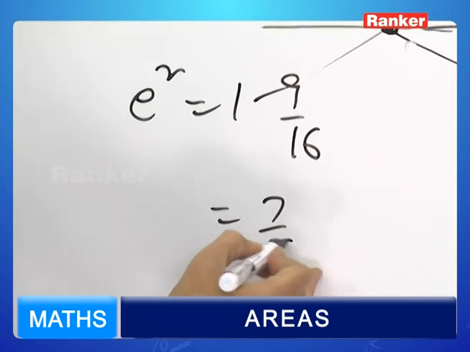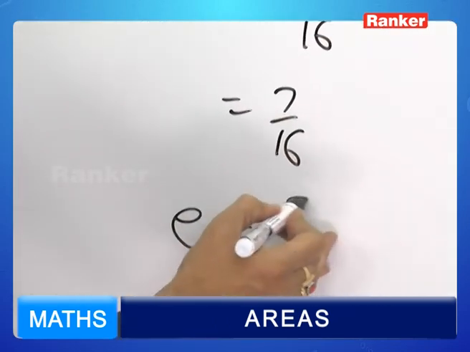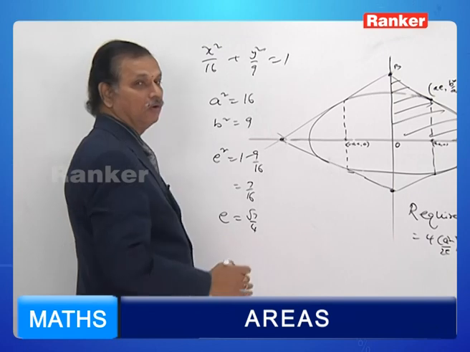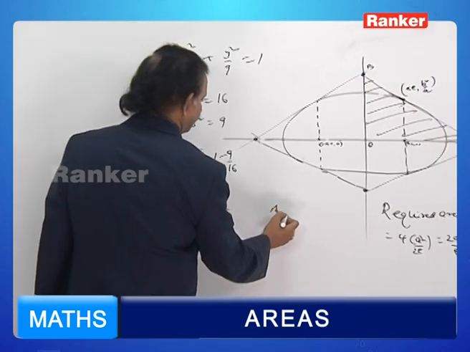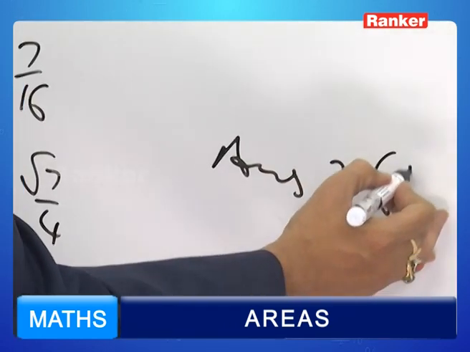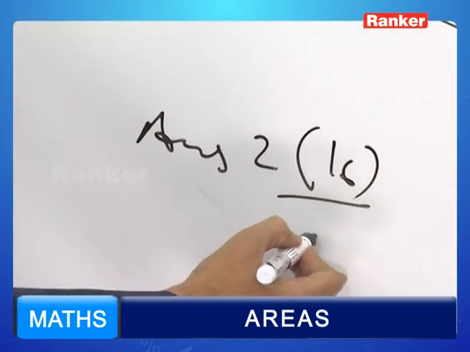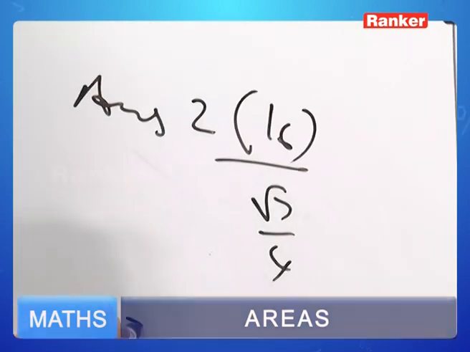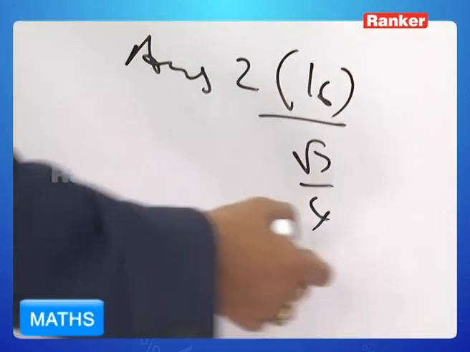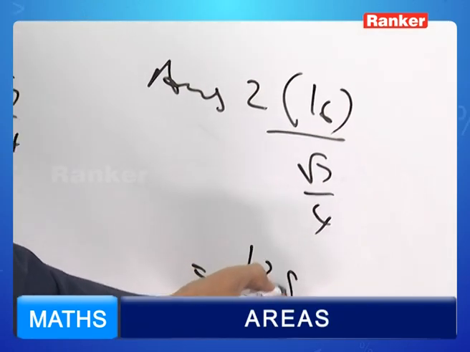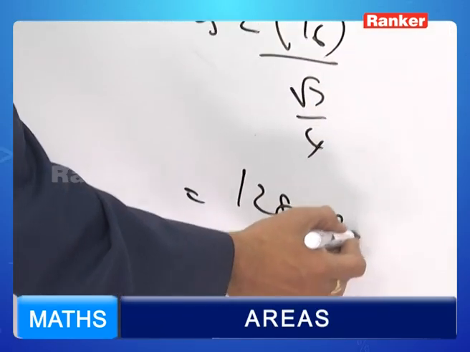It is 7 by 16. What is e? Root 7 by 4. So the required area is 2 into a square, 16, by e, e is root 7 by 4. Hence the answer is altogether 2 16s are 32, 32 4s are 128 by root 7, so many square units.